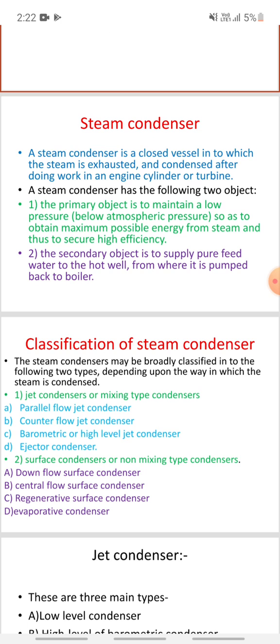After that, what are the functions or objectives of the condenser?